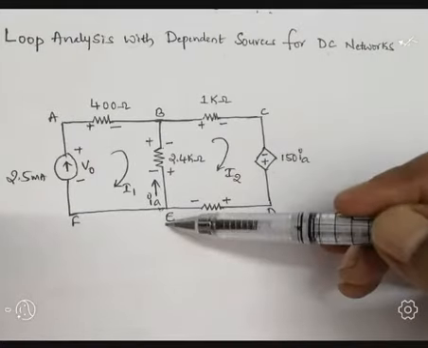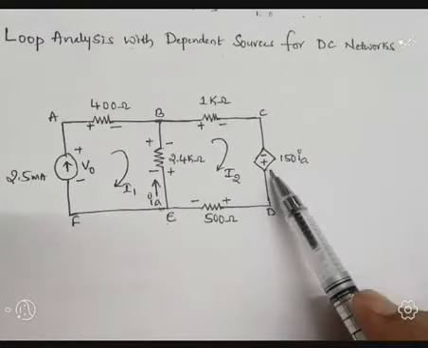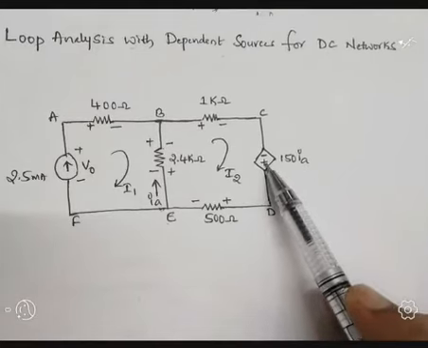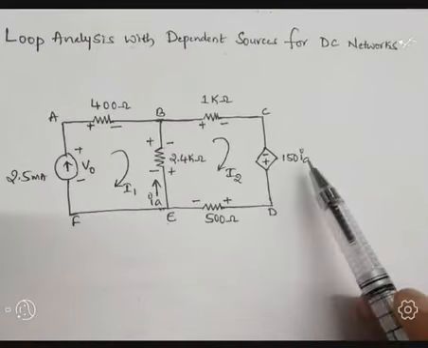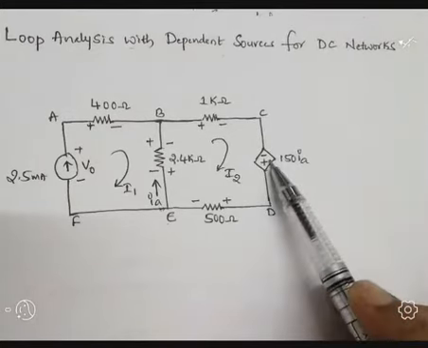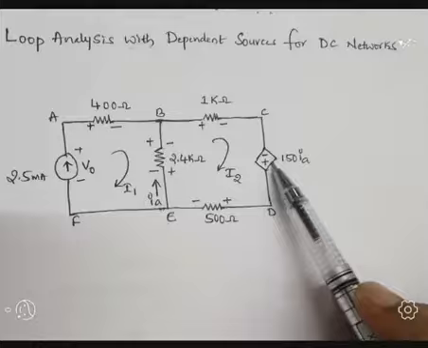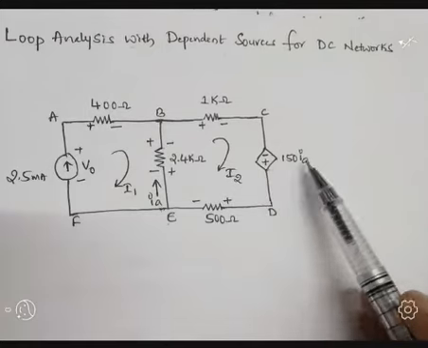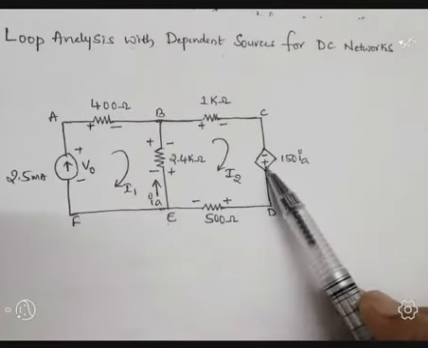So it is the voltage source dependent on current IA. It depends on the value of I suffix A, so we can say that it is the current dependent voltage source.